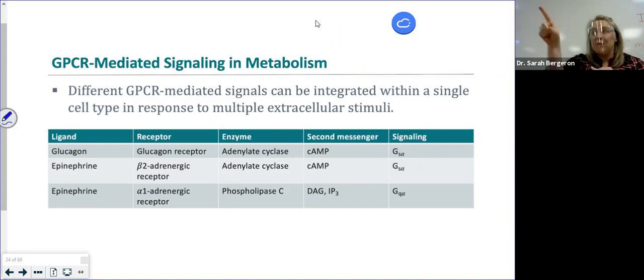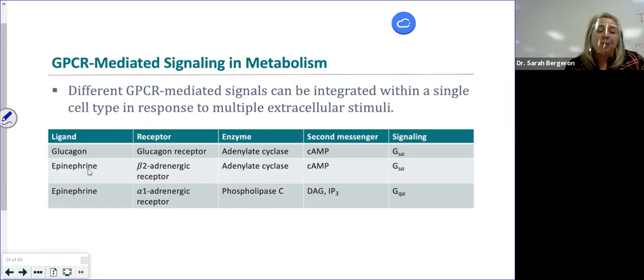Because if you're trying to run from a bear that came in from the back door, you're going to need a little extra boost of sugar to be able to run, to be able to see the bear, to be able to breathe faster, to make your heart go faster, right? You're going to need a little influx of sugar. So what we're going to talk about is how GPCR signaling results in that release of glucose. So that's our start and our stop.